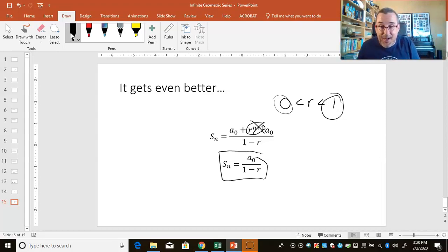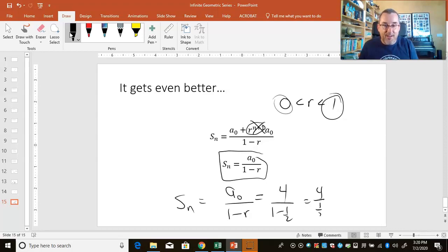To get the sum of infinitely many terms of a geometric series, all you need to know is the first term and that factor r. Crazy. All we need to know is the first term and that factor r. 4 divided by 1/2. That series we started with converges to 8. That's what it's all about.